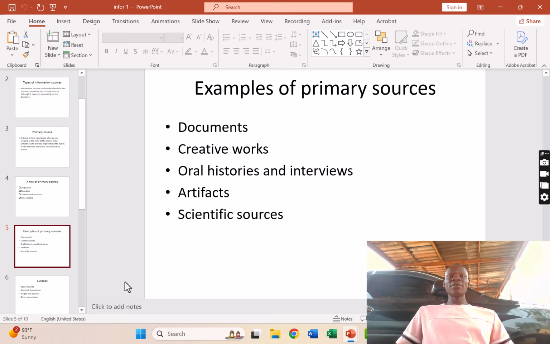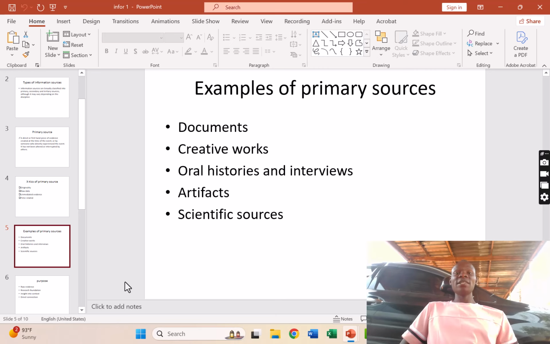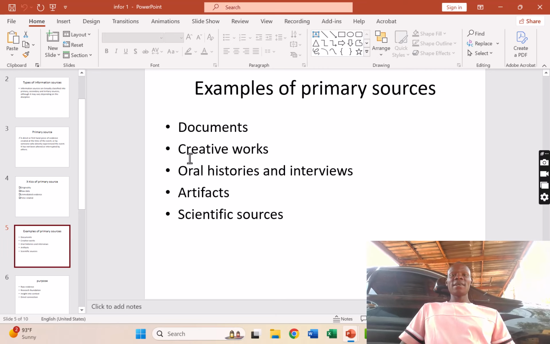Those historical things fall under documents. Under documents, you can also get legal documents such as court acts or governmental legislation. Then you have personal letters, which are also examples of primary sources.